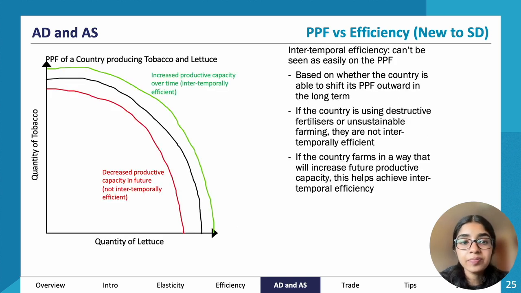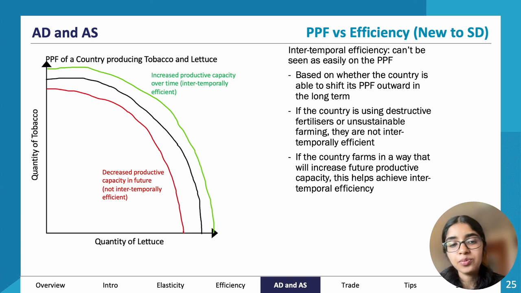Okay, so finally, here we've got intertemporal efficiency. So intertemporal efficiency, it's a bit difficult to see on the PPF, but it's about maximizing future living standards in addition to current living standards. So here we've got the black line, which is the current PPF, and then this green is our intertemporal efficiency.